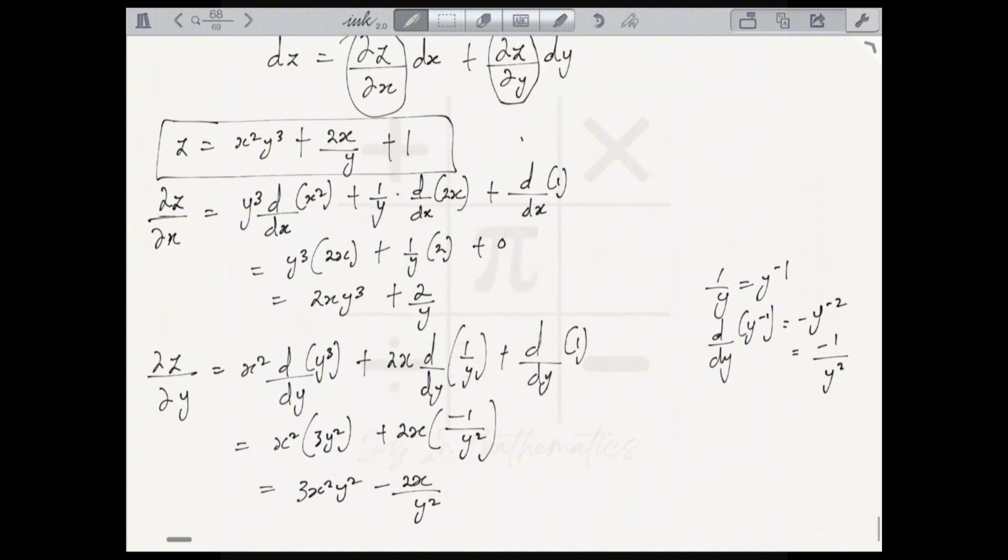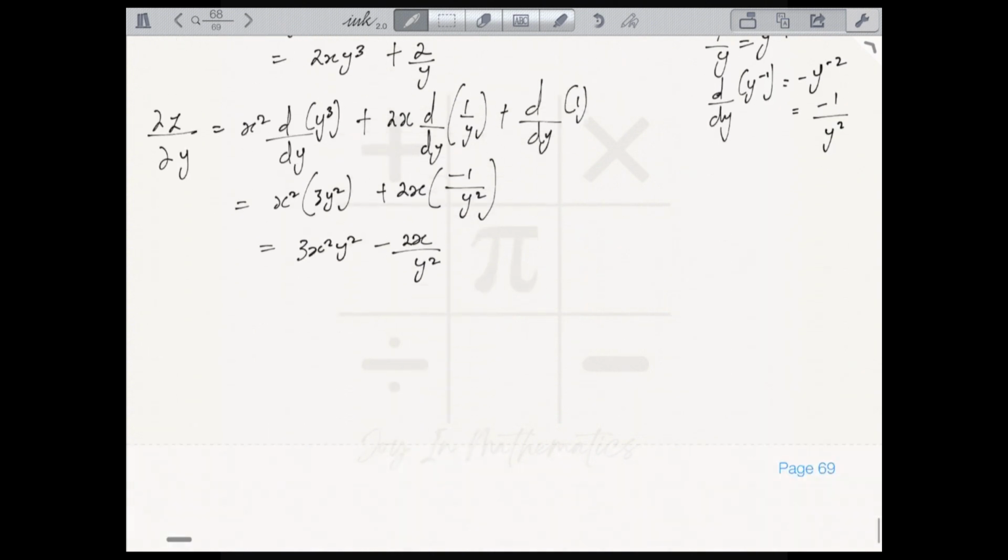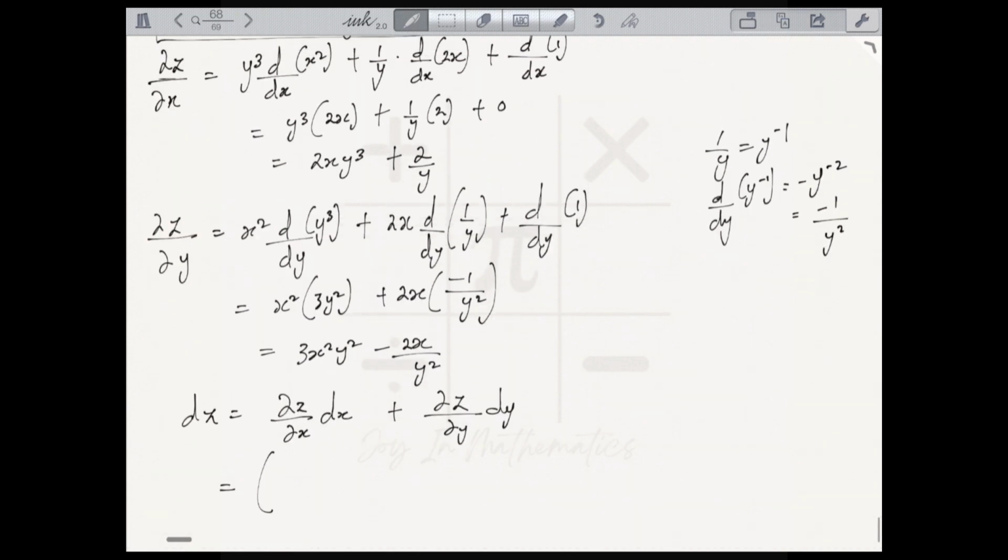So let's recall the formula of our total differential. That dz is equal to dz dx multiplied by dx plus dz dy multiplied by dy. Now let's substitute our dz dx, which is this.